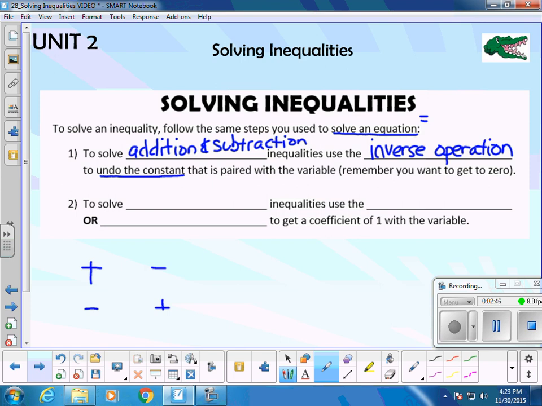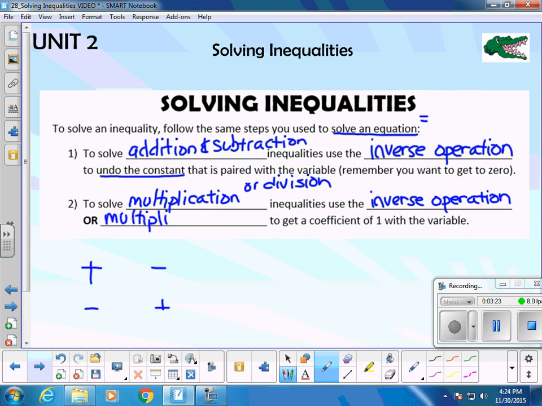The second step, in this case, if you have multiplication or division, when you're solving multiplication or division inequalities, you use the same thing, inverse operation, or sometimes they give you fractions, and when they give you fractions, you have to use the multiplicative inverse.